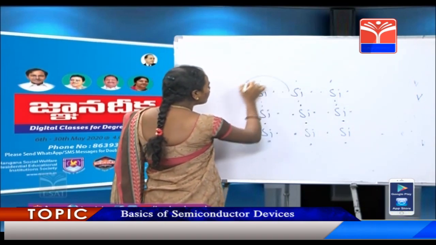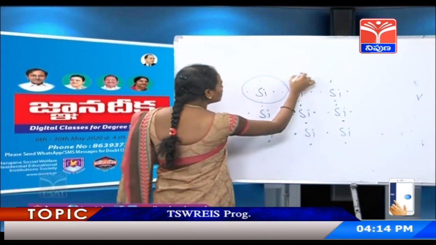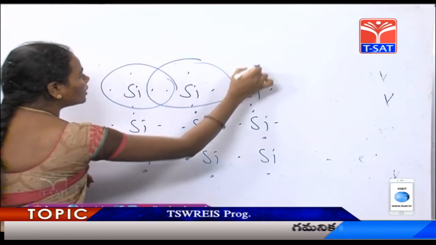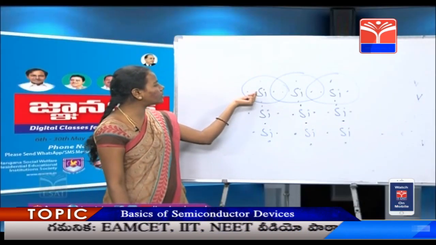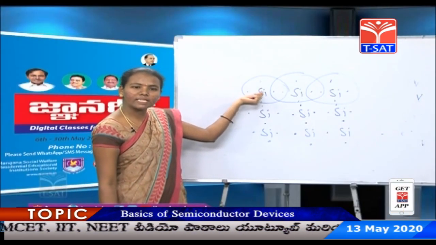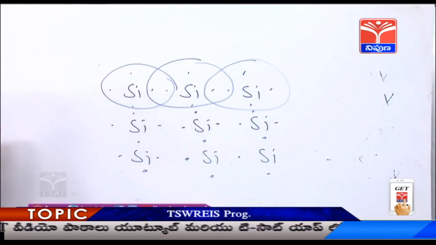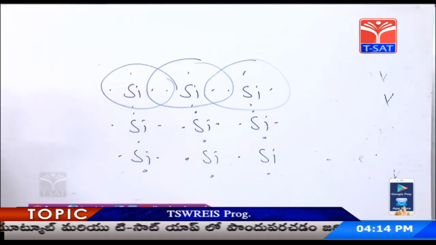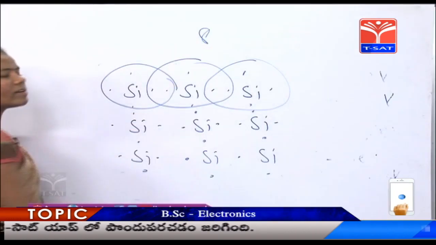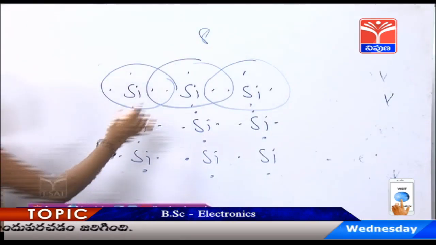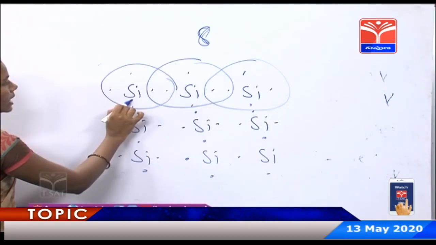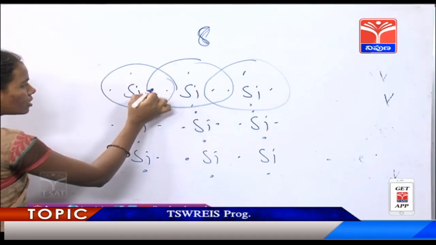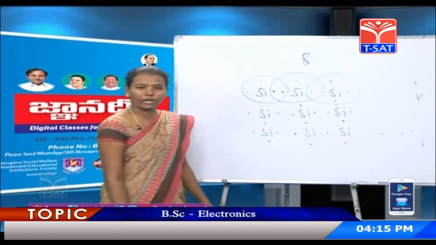So that the valence of each silicon atom will become 8. Eight valence electrons is the stable one, right? Covalent bond means sharing of electrons.